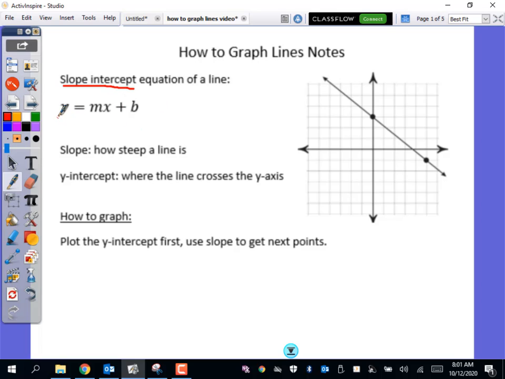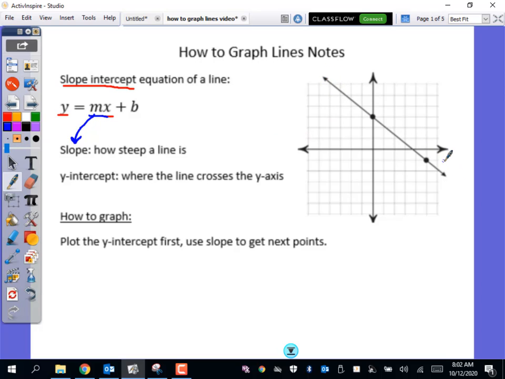In this equation, y and x are going to stay letters, but our m and b are going to turn into actual numbers when we're graphing, and they represent specific things about our graph. So what does the m represent? Well, your m is going to represent the slope, and the slope of a line is how steep the line is.